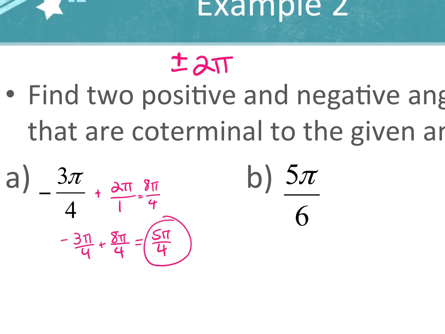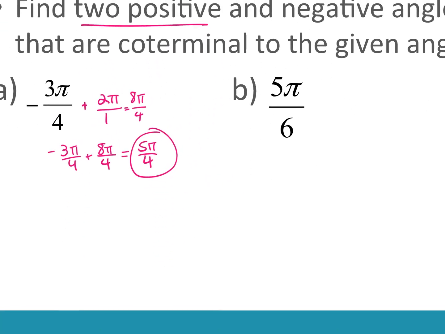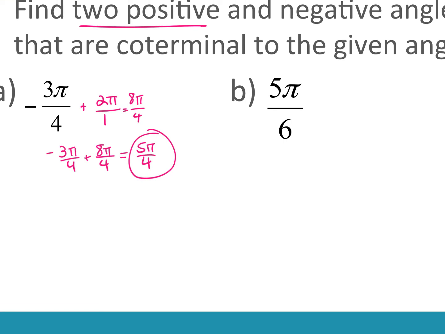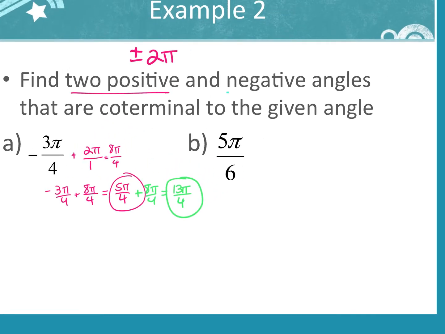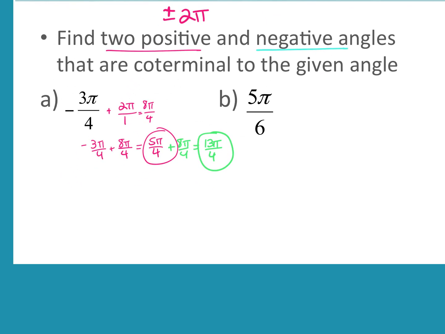Now, if I want 2 positive, what do I do now? Add 2 pi again, and I already know it's 8 pi over 4. And I get 5 plus 8, 13 pi over 4. Good. That's 2 positive coterminal angles. Then it says 2 negative coterminal angles.